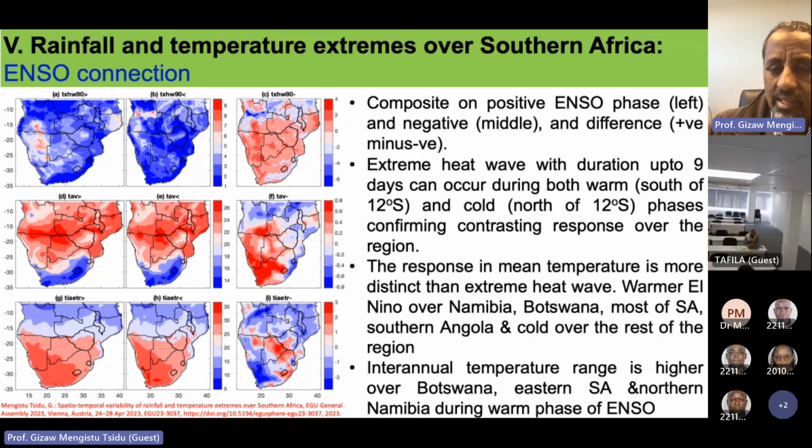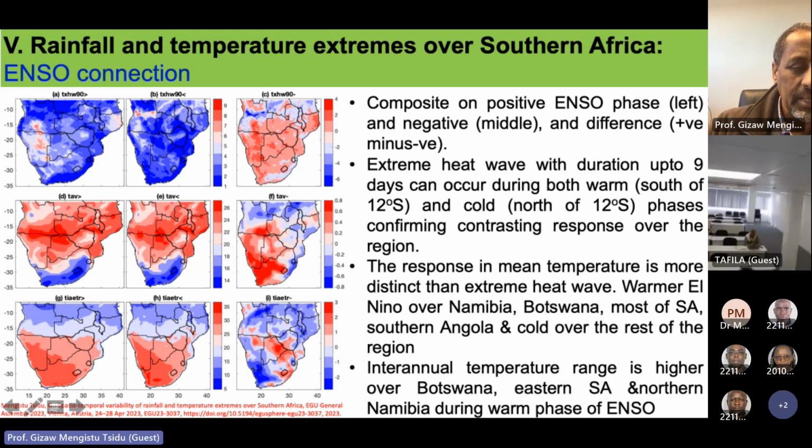So the chance to get extreme heat waves is normally more during El Nino. But what you see here is not true, not 100%. It's true everywhere where you see the red, but it's exactly the opposite where you see blue color under panel C. So obviously this is a very complex process.